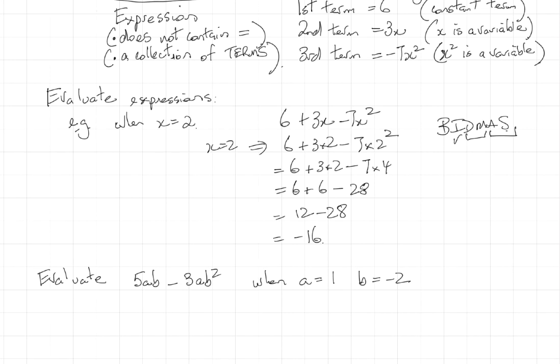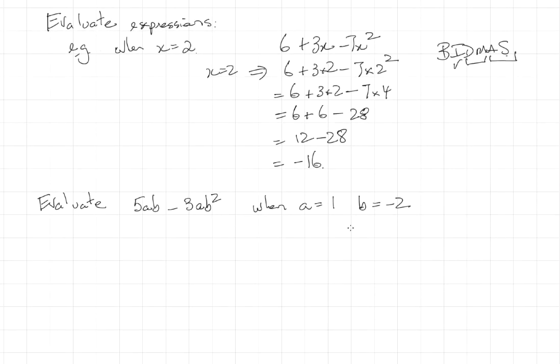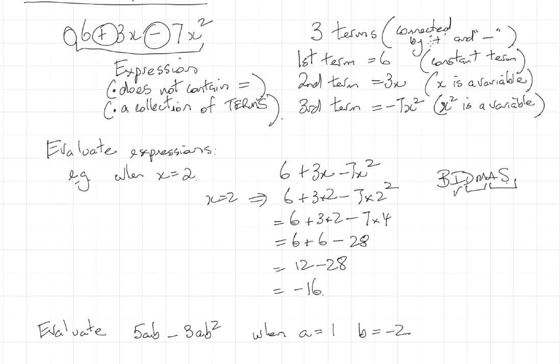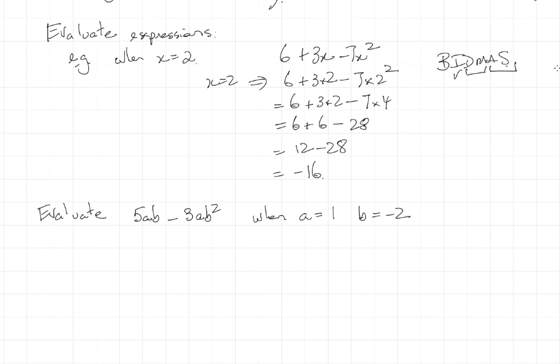They can change values, but in this case a is 1 and b is equal to negative 2. We've got an expression here that is made up of 2 terms. There is no constant term, as we had in the last one. Terms that do not contain any variables are constant terms, so in the last example we had a constant term. If we look at this second example, we've got no constant terms.